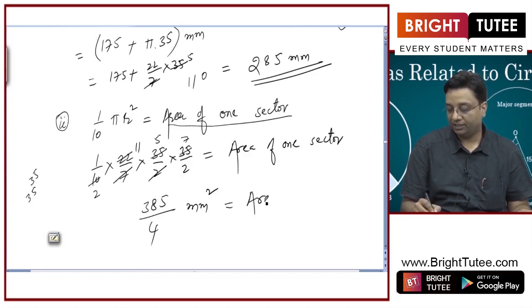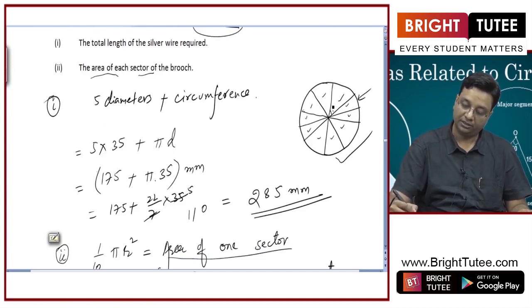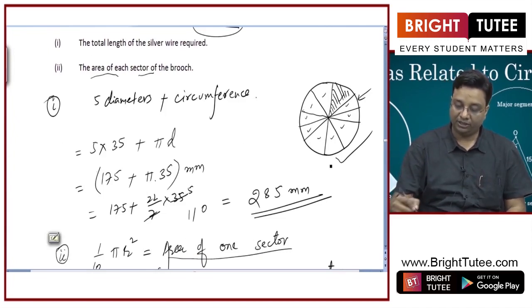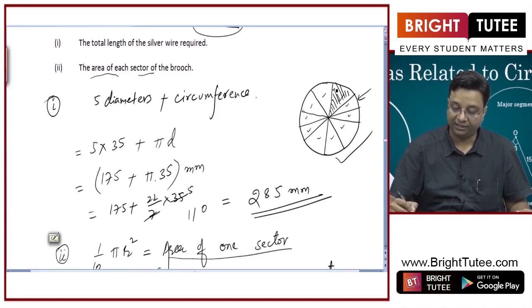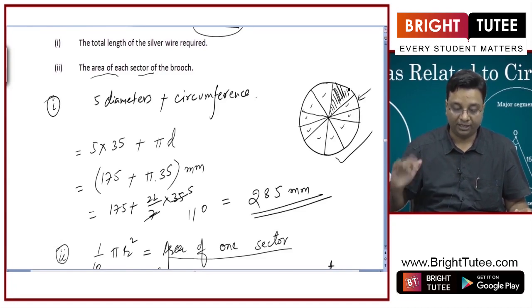So this is the area of one sector of this brooch, let us say this sector. All the sectors are of equal area, so it can be the area of any one sector. I have just shaded it to make you visualize the area that we are calculating here.